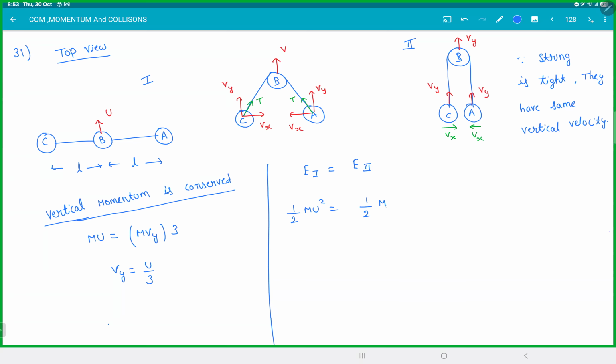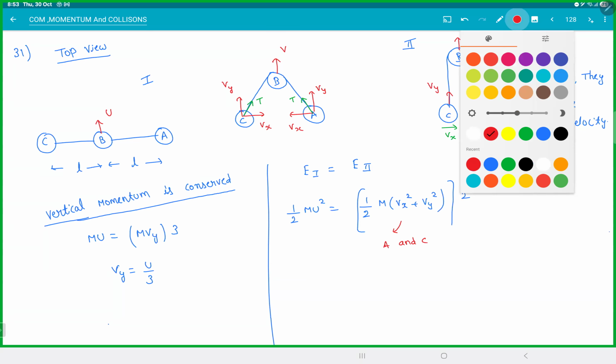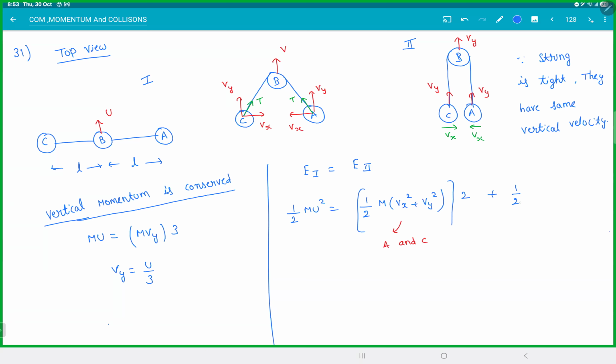This will be half m (Vx square plus Vy square) into 2 because there are A and C, plus half m Vy square for B. And Vy is u by 3. This will be 3 by 2 m Vy square, which is u square by 9, plus m Vx square.